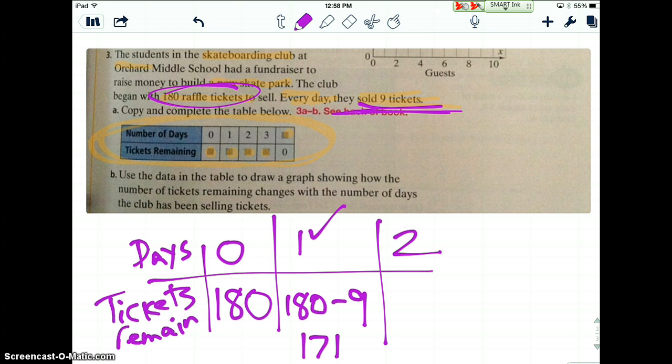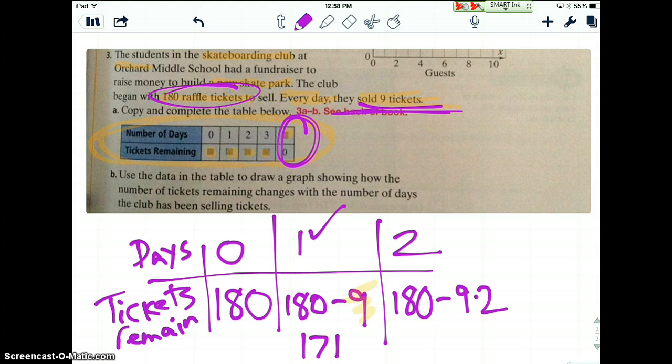Day 2, they started with 180. Well, now what are we subtracting? We're not going to subtract 9 anymore. It's been 2 days. So I'm going to take not just 9, but double it. The reason why I'm writing this out is because I'm looking for a pattern, because I see in the end that I'm going to have to figure this out.